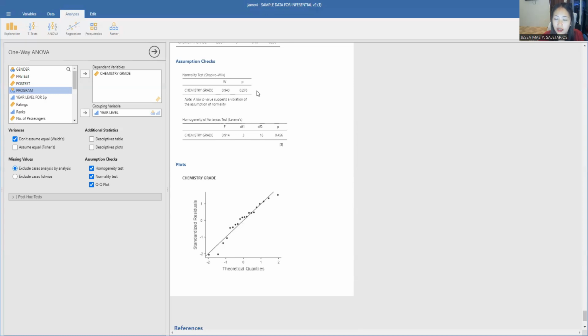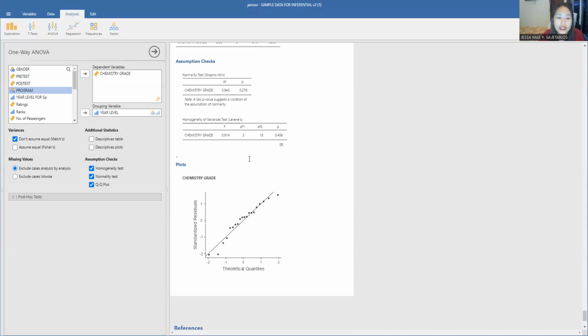So since greater than alpha naman yung p-value natin, so pasok. And last one is there needs to be homogeneity of variance. So makikita natin yan using the Levene's test. So since greater naman yung p-value sa 0.05, so pasok. So lahat ng assumption natin is pasok.